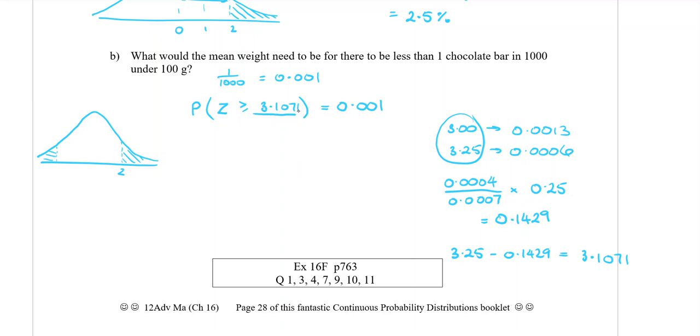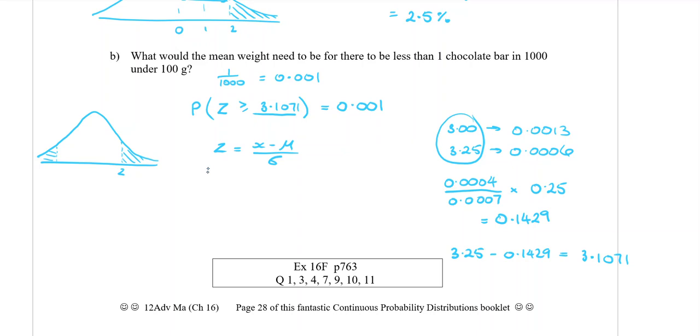Okay, now that I have a z-score, the z-score formula, as we know, because we use it all the time, is that. So if I go backwards through that formula, I could find out what the mean, which is the mu, needs to be to make this work.